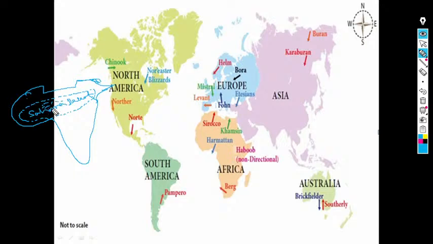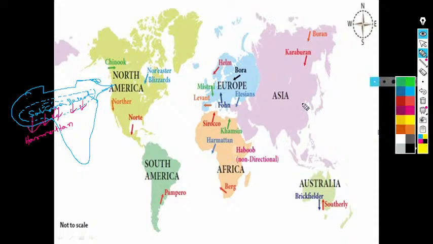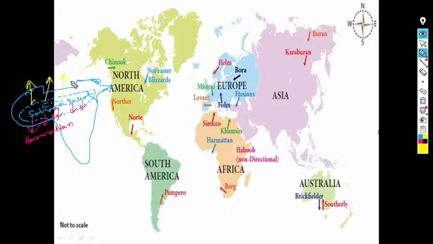Let me change the color. This is harmattan, and this is Sirocco.